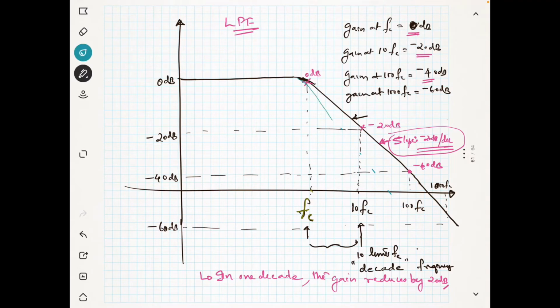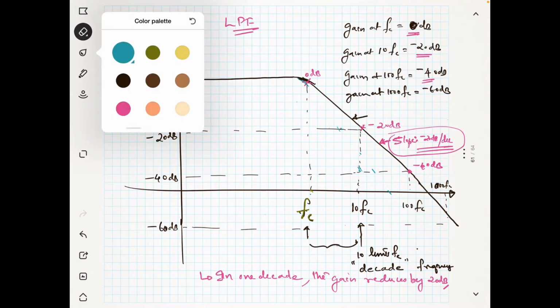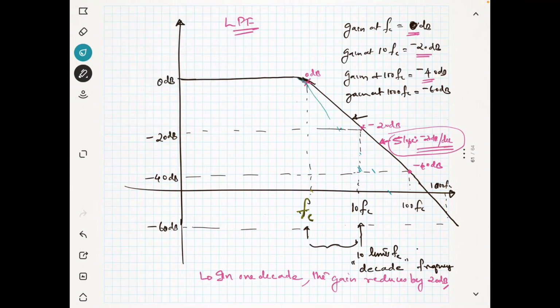Now you see at Fc the gain was 0 dB. Now at 10 Fc the gain is minus 40 dB. So the slope of this curve is now minus 40 dB in 1 decade. It's decaying fast, that means minus 40 dB per decade.